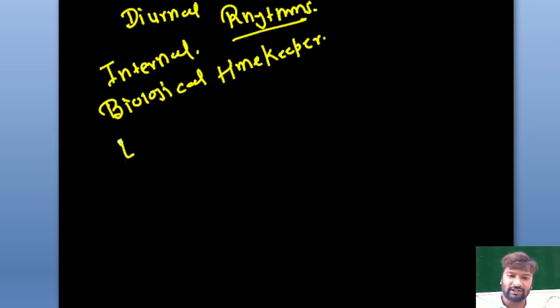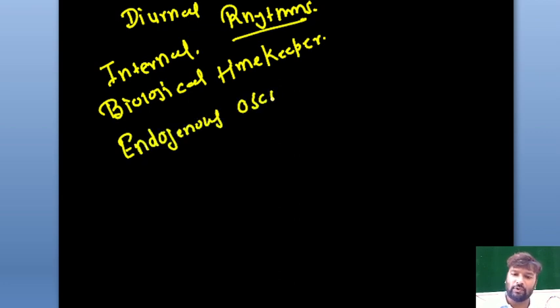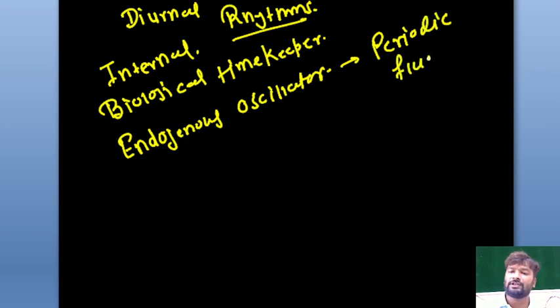Also, it is known as internal biological timekeeper, also known as the endogenous oscillator, means periodic fluctuations.